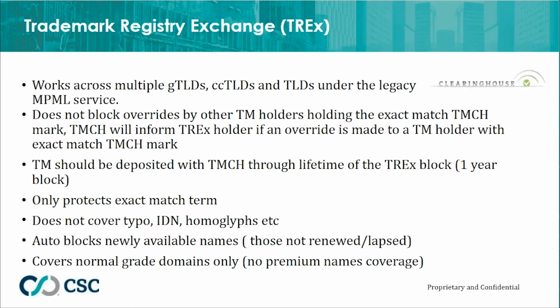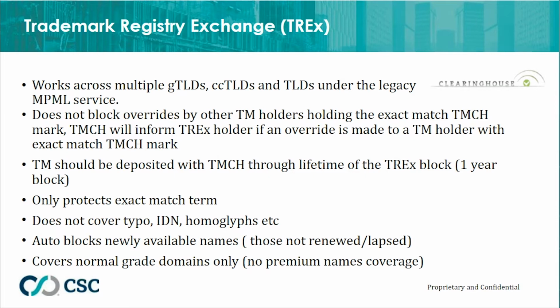Now let's take a quick look at the Trademark Clearing House, or the TREX blocking mechanism. This block actually works across multiple new GTLDs as well as certain CCTLDs, so it has a mixed coverage here when it comes to extensions, and it covers the TLDs that were under the legacy DPML service in this case. When it comes to Trademark Clearing House blocks, they do protect the exact match of the term that you have registered with the Trademark Clearing House.